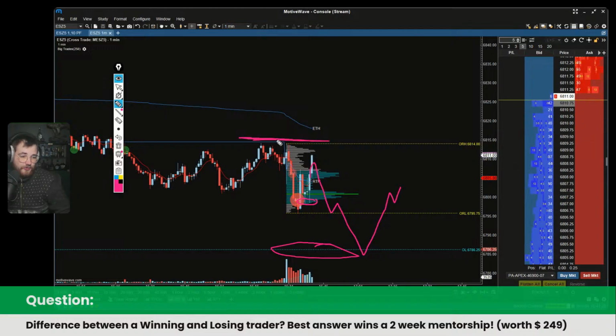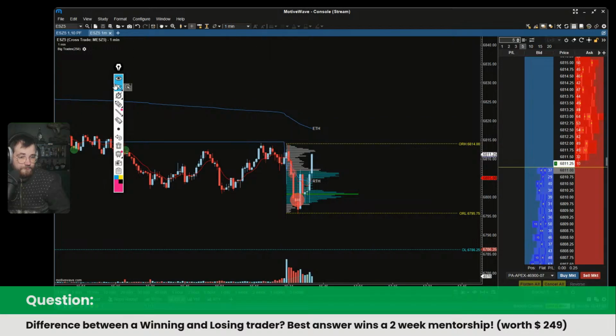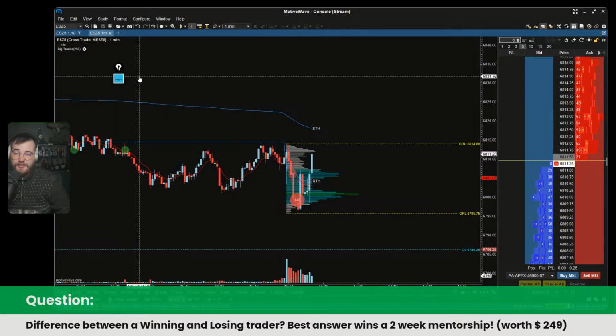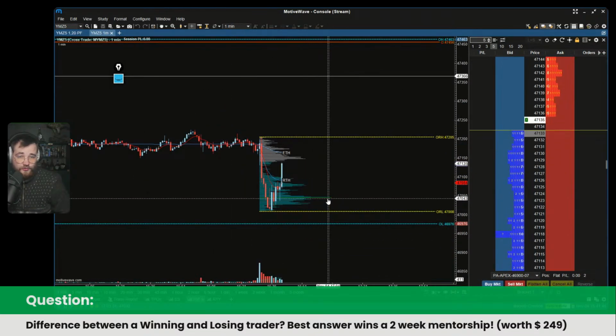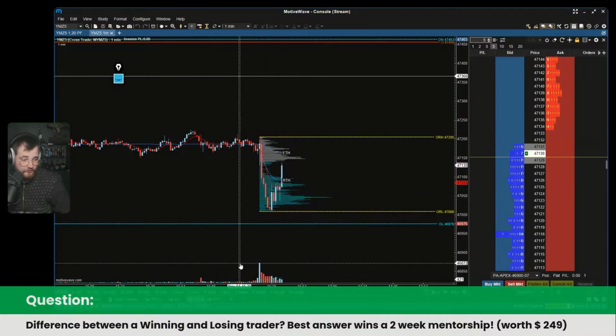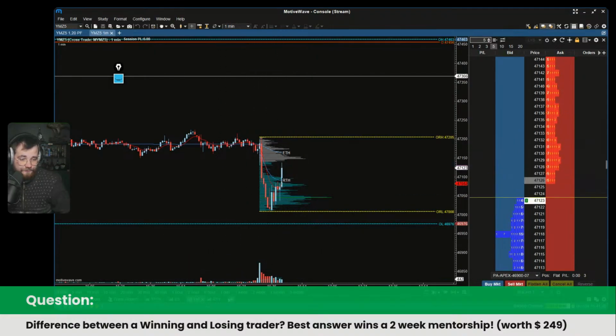We do have a lot of stops probably here at this specific level as well. Well, no setup to take here. It's just random noise. I'm just trying to analyze the market and talk about what I'm seeing here, but there's no trade present right now in any market.